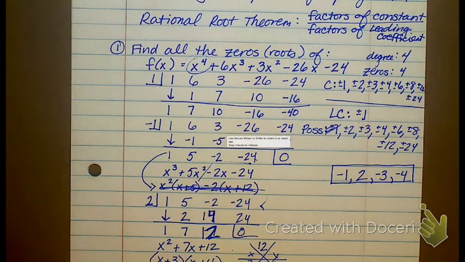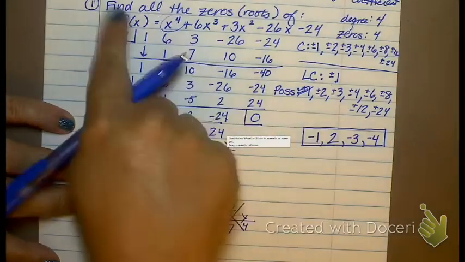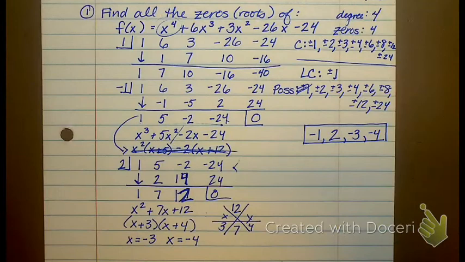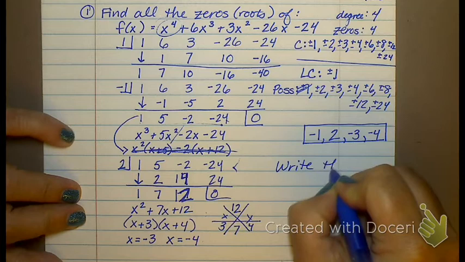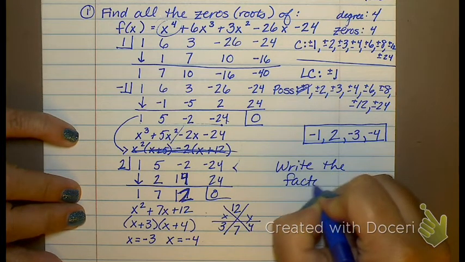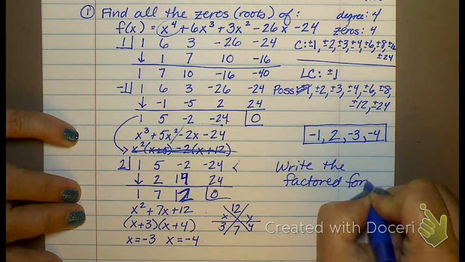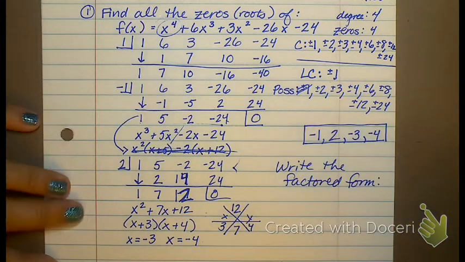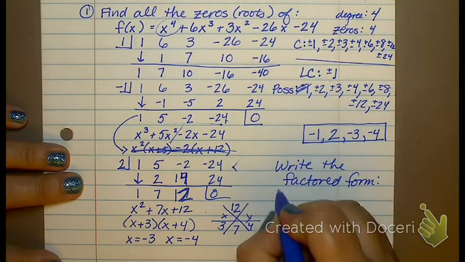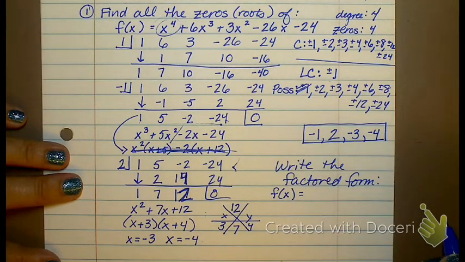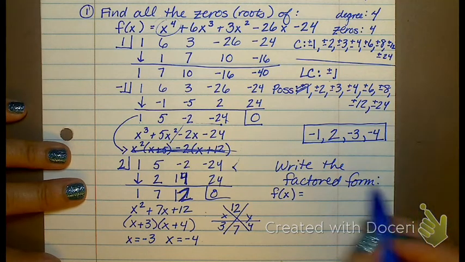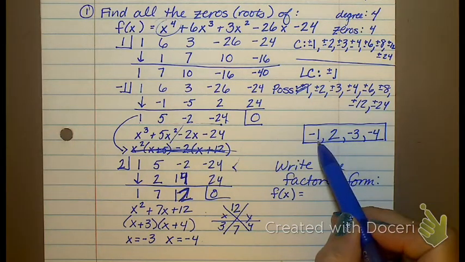and move on to, what if I asked you on this one, instead of find all the zeros, get that out of the way, what if I said write the factored form? It's easier than you think it is. So if I asked you to write the factored form, here's my question.